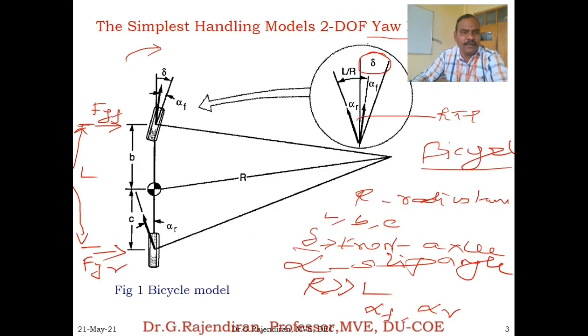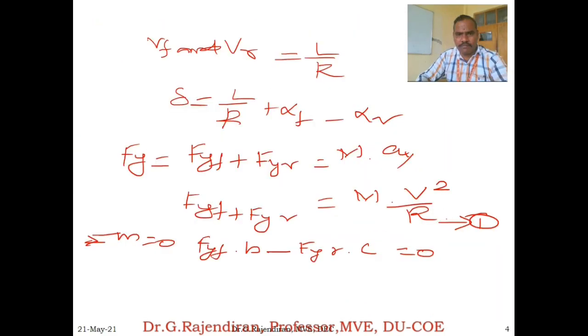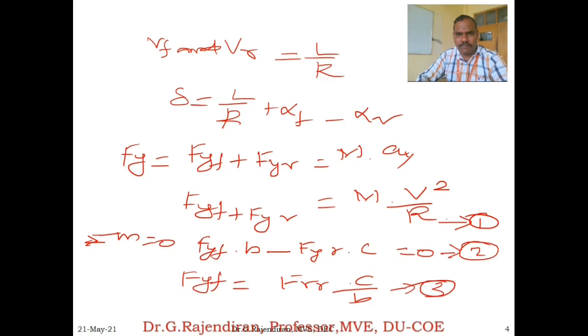Correct? Fyf multiplied by this B, then Fyr multiplied by this C. This is the clockwise direction and this is the anti-clockwise direction. Take this as equation number 2. From this equation we can say that Fyf is equal to Fyr into C by B. Correct? Equation number 3.